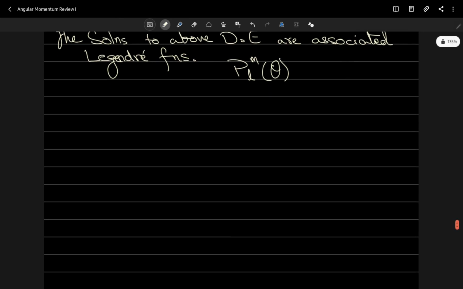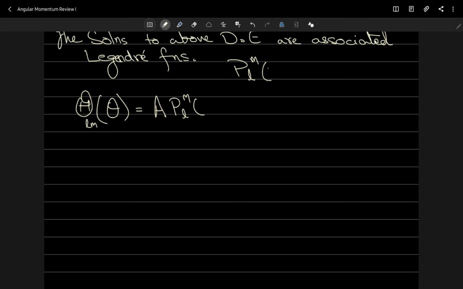So the solutions to this equation, capital theta_lm as a function of theta, are equal to some constant A times P_l^m. Well, in fact, not theta, it is cosine of theta. So P_l^m of cosine theta, and this P_l^m is the associated Legendre function.